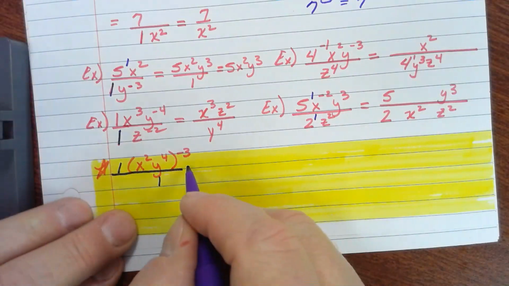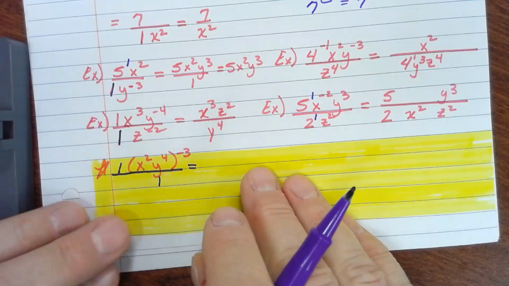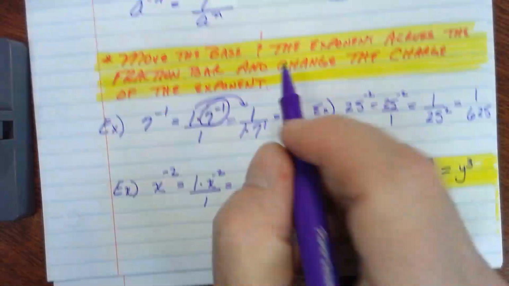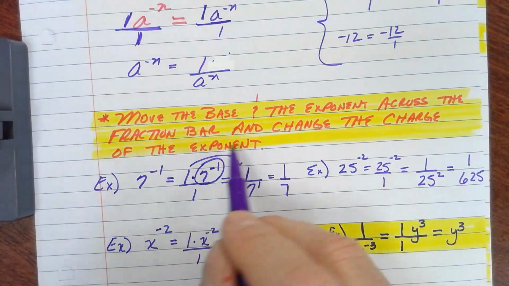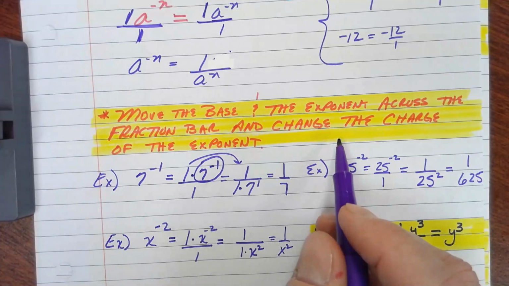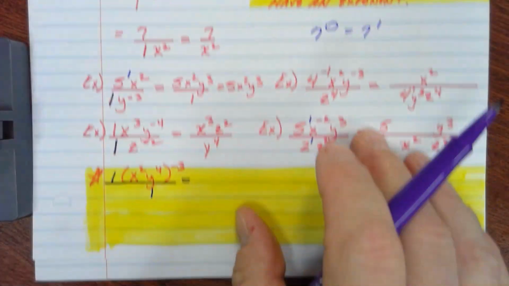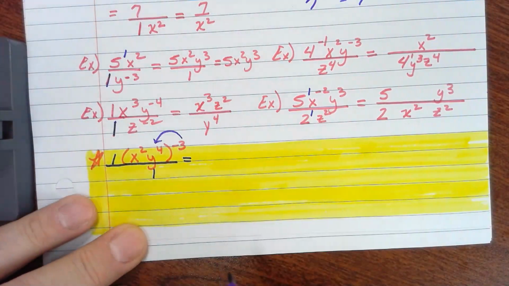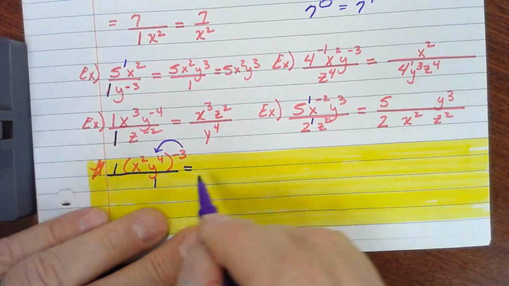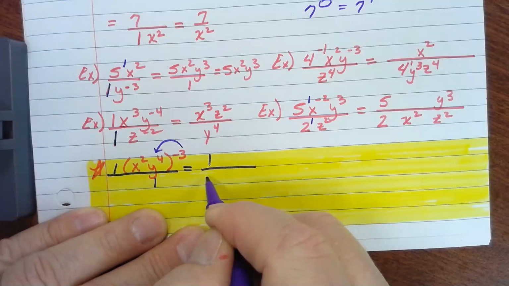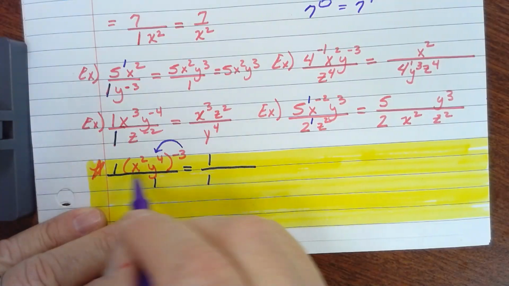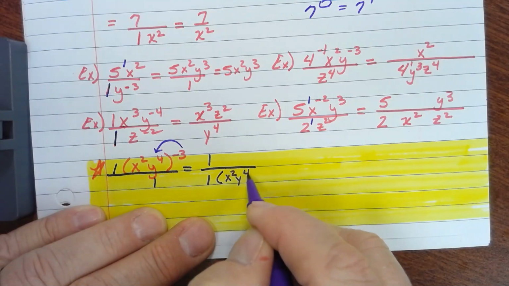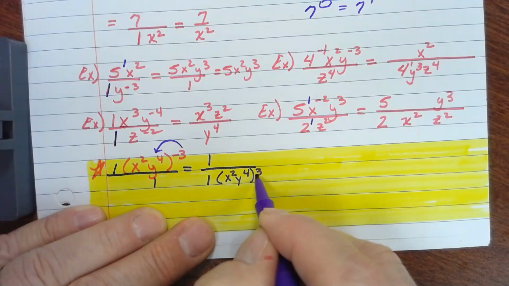The rule says move the base and the exponent across the fraction bar and change the charge of the exponent. The thing that the exponent acts on is called the base. So I know this 1 and this 1 are going to stay here, but this is going to move to the denominator, and this exponent is going to be positive.